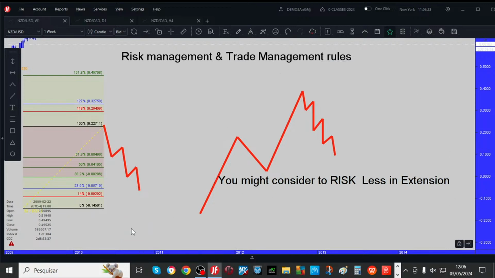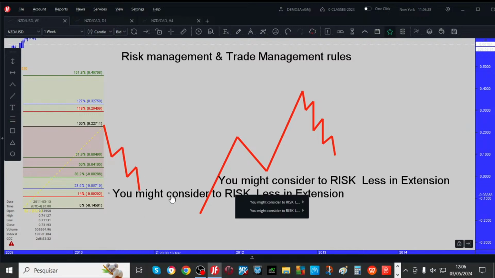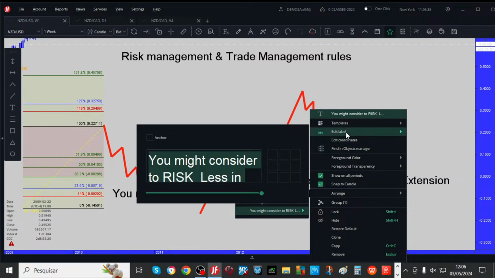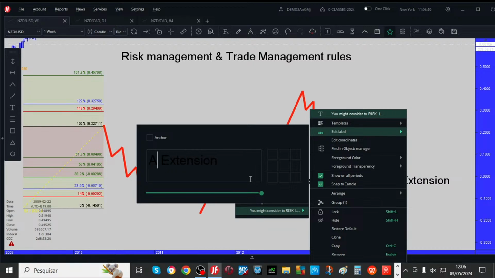So I'm going to, okay, new text, right click. Which one? The second one, edit label, and extension, and risk more at the end of retracement.